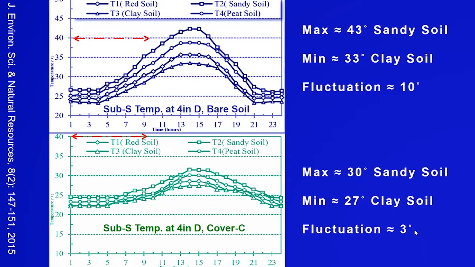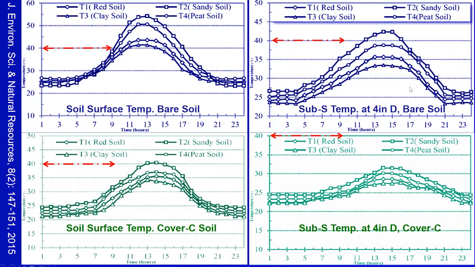So with all of this, if we put it all in one picture, we think if we have this condition, for example, with cover crop and adjust the depth, we can manage the optimum temperature to have a uniform stand or better uniformity.